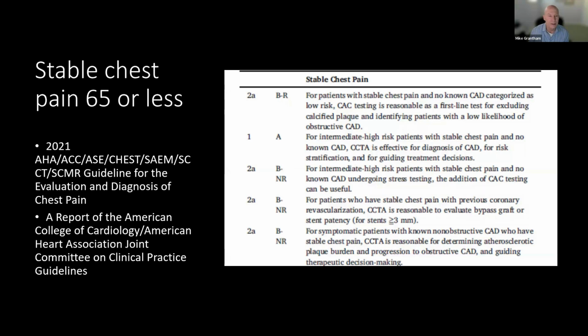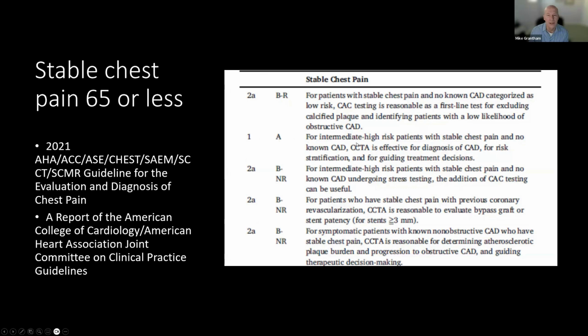So who should have this test? In 2021, multi-societal guidelines came out, and there are multiple indications for coronary CTA with varying levels of evidence and recommendations.